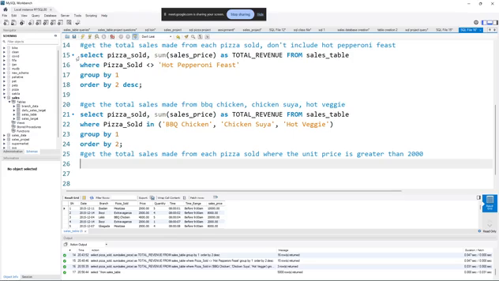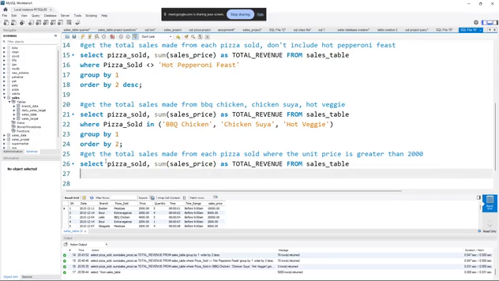So let's select. I'm selecting the pizza sold, the sum of sales price as total revenue from sales table. Then don't forget where price is greater than 2,000, right? Then I can put my group by and order by clause.